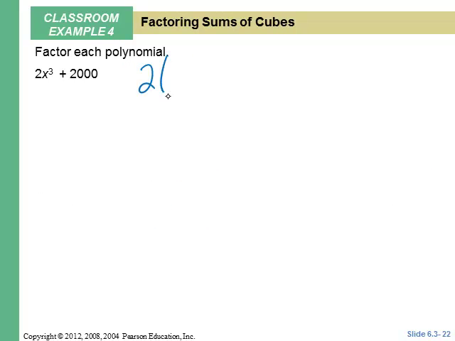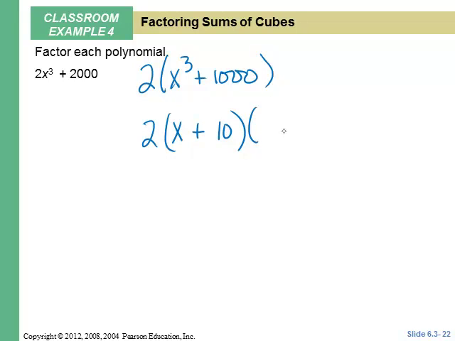Factor out a 2, cube root of the first term, copy the sign, cube root of the second term, put the 2 out front, square the first term, square the last term, multiply these two together, you always have exactly one negative sign.